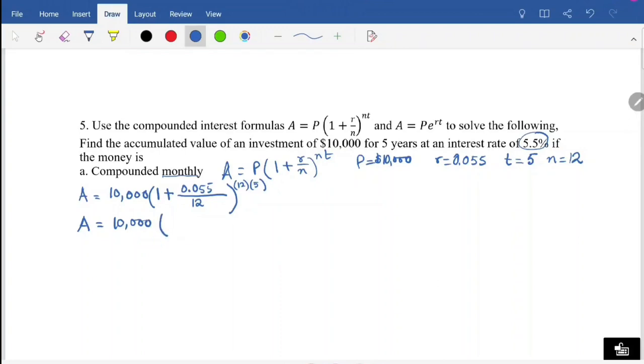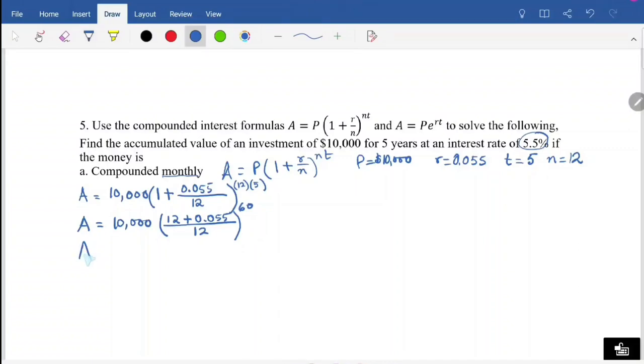Okay, so 1 plus 0.055 divided by 12. So here I am adding a fraction to 1. So you have to follow the steps of adding fractions. And then 12 times 5 is 60, right?